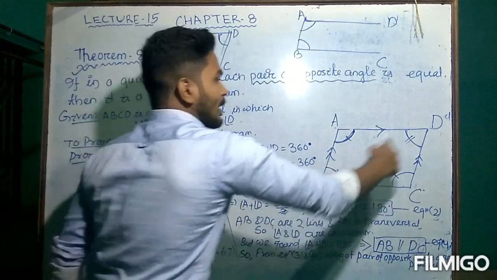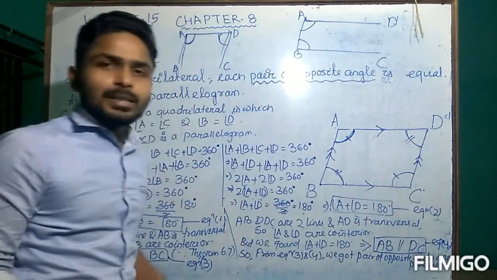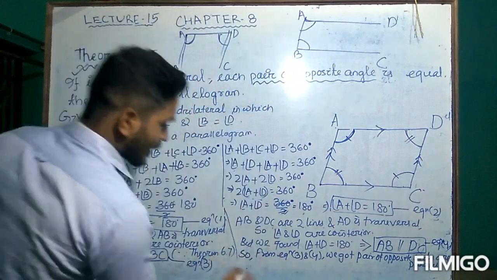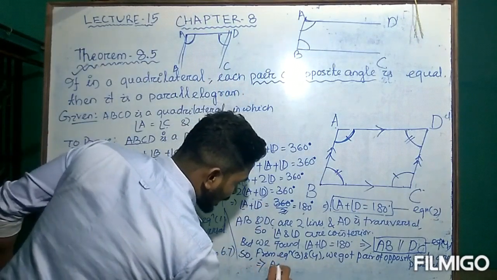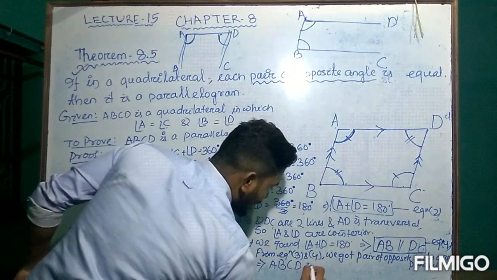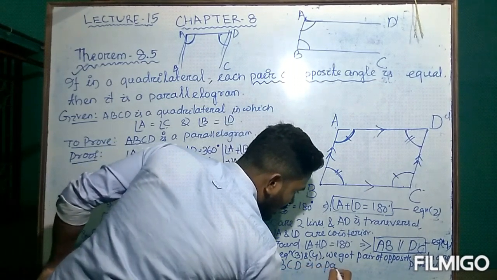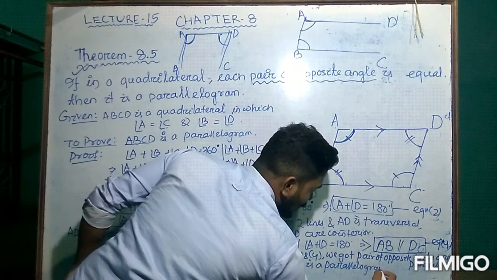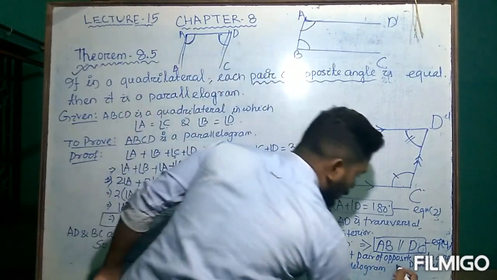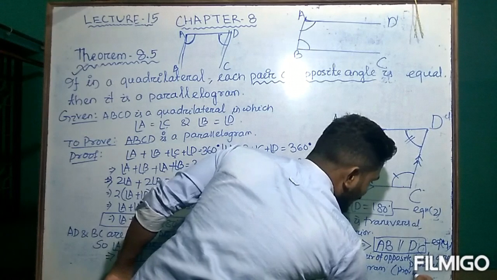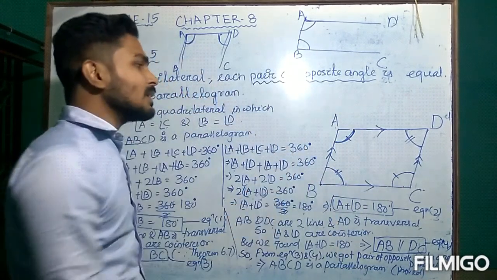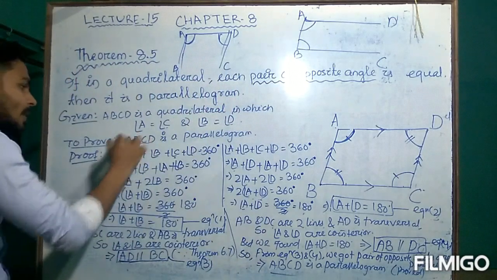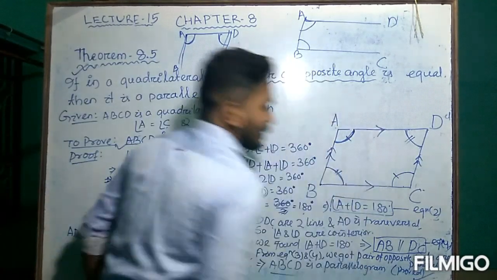So here this is parallel to this and this is parallel to this. It means definitely ABCD is a parallelogram. As I have told you, if we can prove the pair of opposite sides are parallel, then it is a parallelogram. So here we have proved this. Hence, ABCD is a parallelogram. So now it is proved.